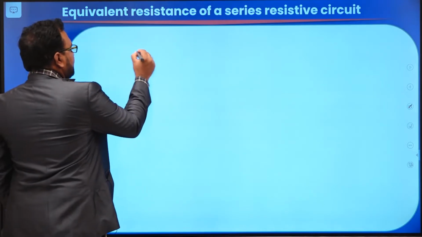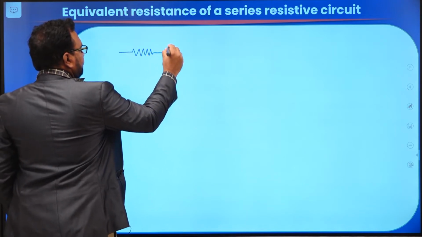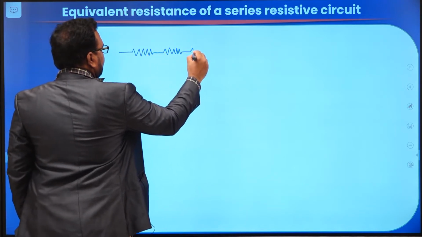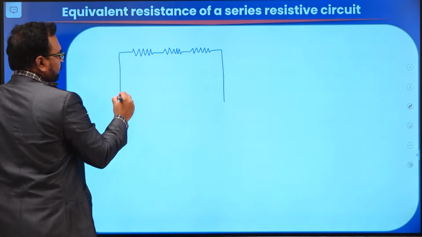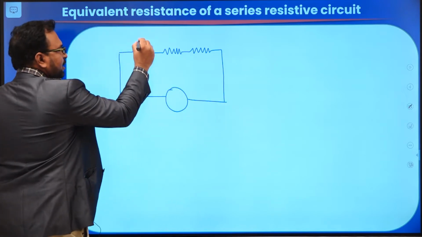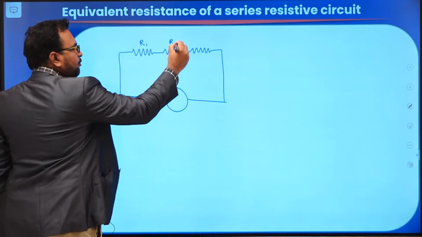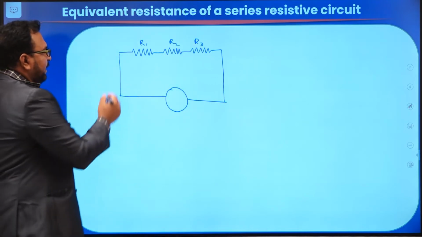So I am going to consider a series resistor circuit. There are 3 resistors here, R1, R2 and R3. And how are these 3 resistors connected? End to end.